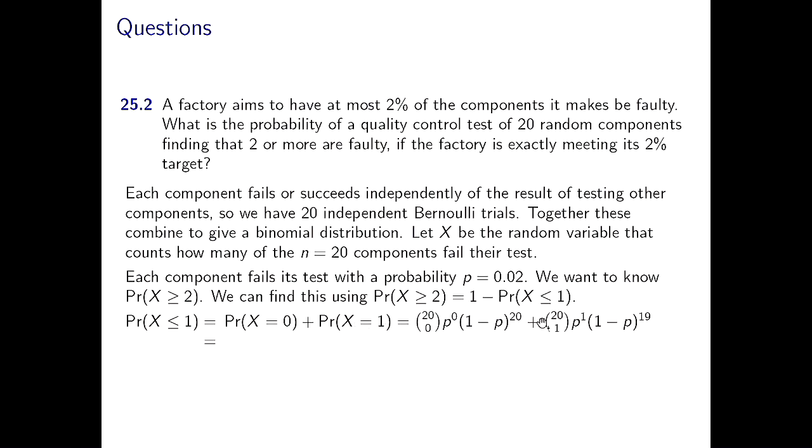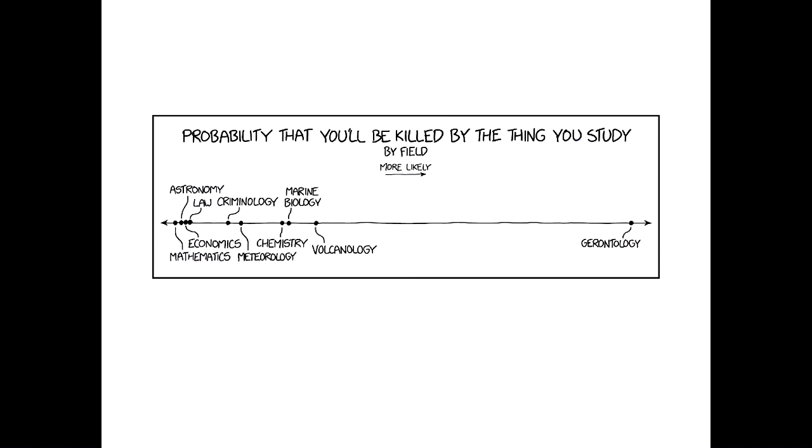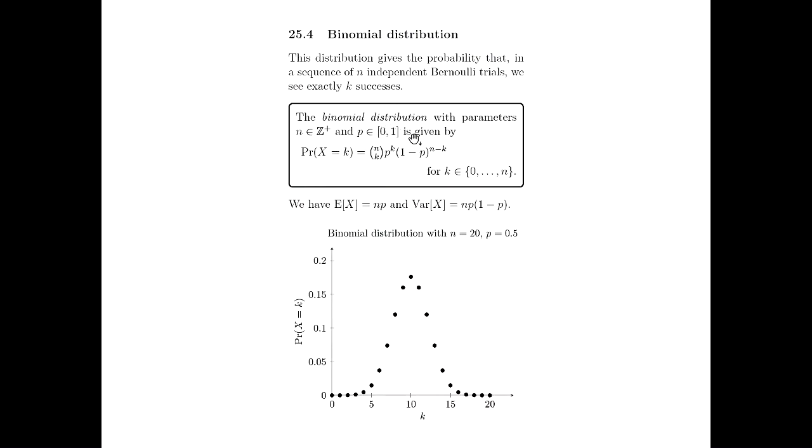Probability that X is 1, 20 choose 1, p to the 1, 1 minus p to the 19, right? And if you do the sums here, you get about 0.94, meaning that there's about a 6% chance that we have 2 or more faulty components, right? So again, just subbing into the formula that defines our distribution, right?